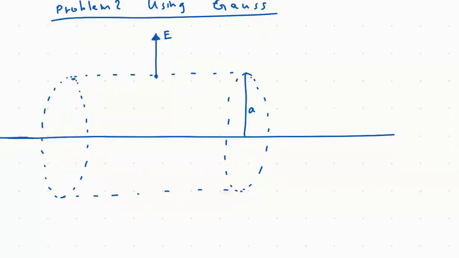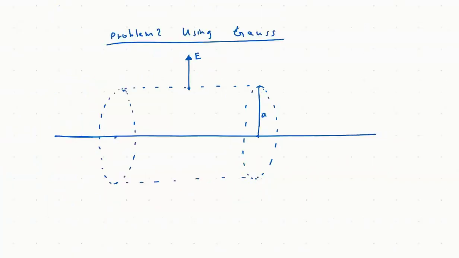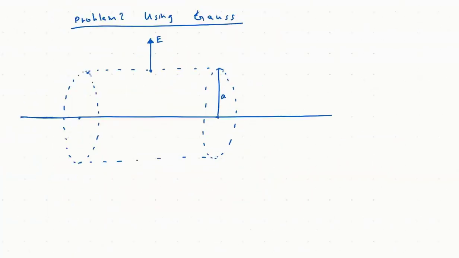To find the total flux through the inside, it's simply the charge located on this line, and let's call this length L, and the charge is lambda L.